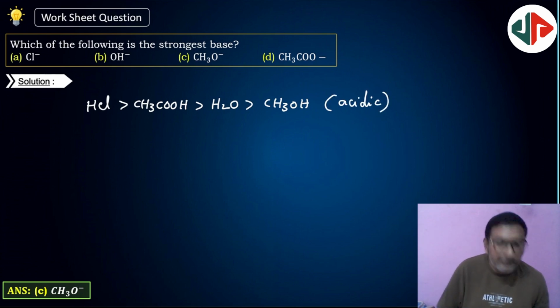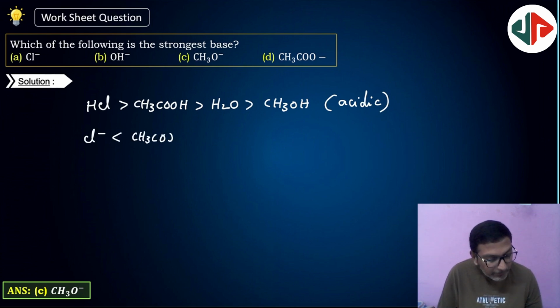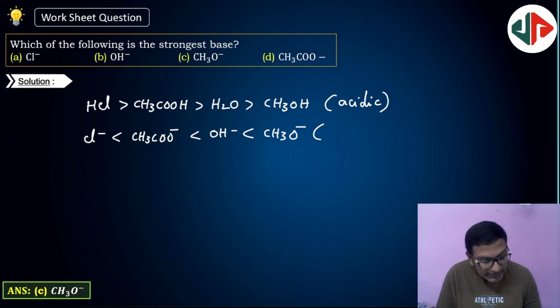Acidic strength order: strongest acid HCl, weakest acid methyl alcohol. Therefore, conjugate base strength will be in this order, with OH minus and CH3O minus. So the strongest conjugate base is methoxide, CH3O minus, option C.